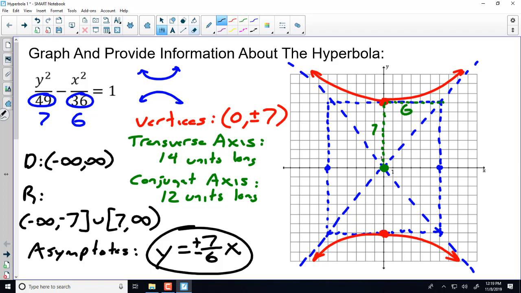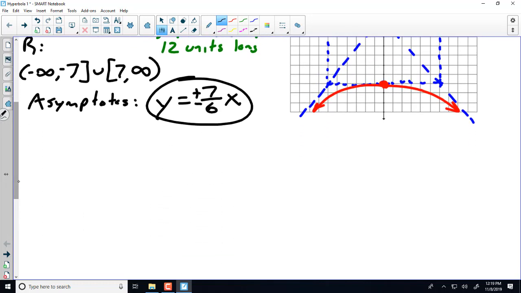Finally, the last thing we might want to tell someone about the hyperbola is where the foci are. Now the foci are always in the same direction as the vertices, the same direction the hyperbola opens, but they are beyond the box. So the secret to finding the foci is to add the numbers under x squared and y squared together. So to find our foci, we will do 49 plus 36, which is going to be 85. Then we have to square root that number.